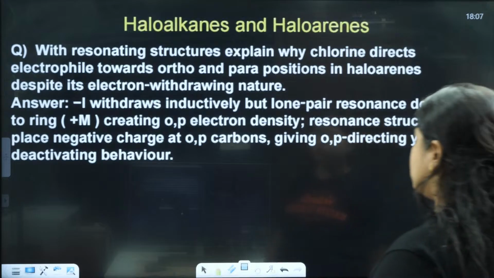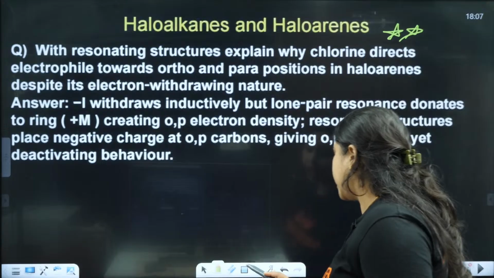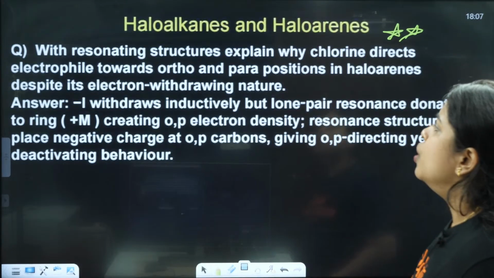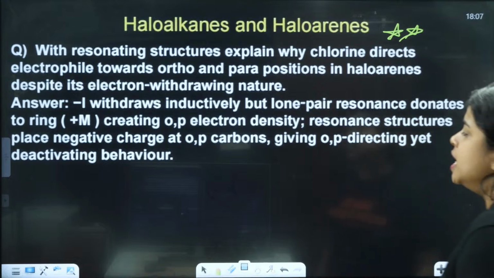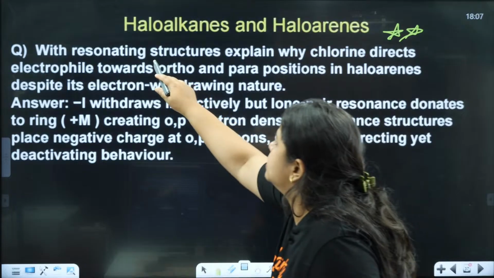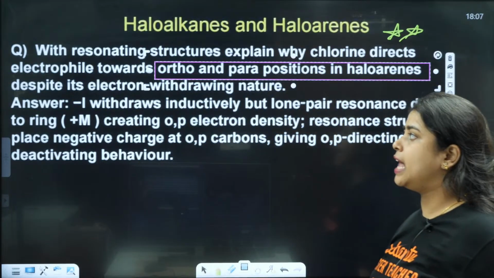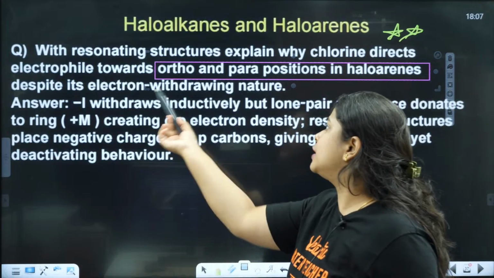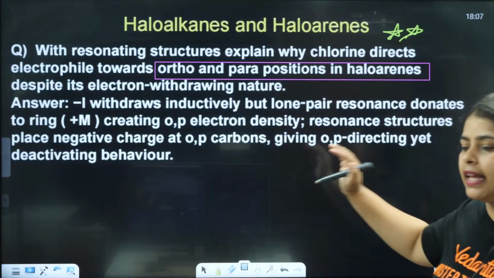This question is very important, guys. This is also too important, a repeated question. Write the resonating structures. Explain why chlorine directs the electrophile towards the ortho and para positions in haloarenes. Despite the electron withdrawing nature being present, even then it is happening.